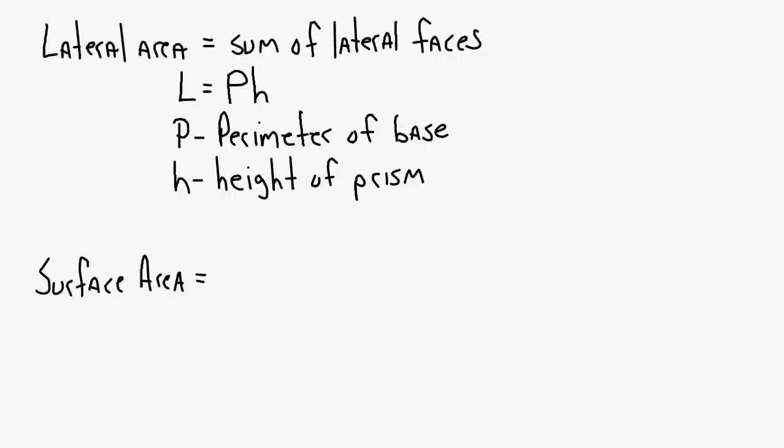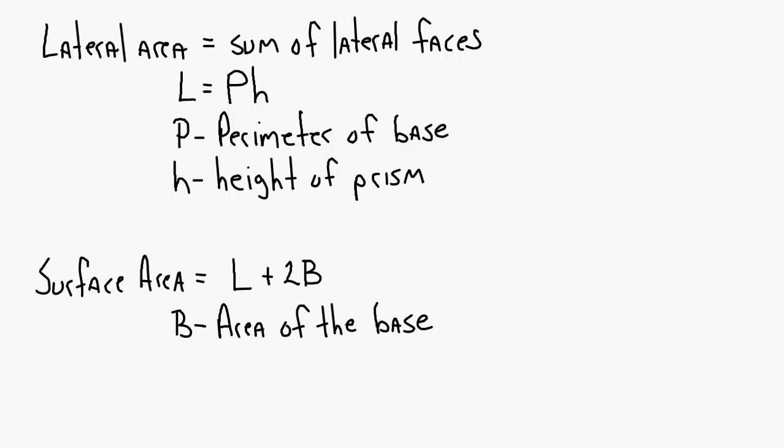So surface area is L, which represents the lateral area, the area of the walls or the area of the sides, plus 2 times uppercase B. The big letter B represents the area of the base. And since there's 2 of them, you multiply it by 2.